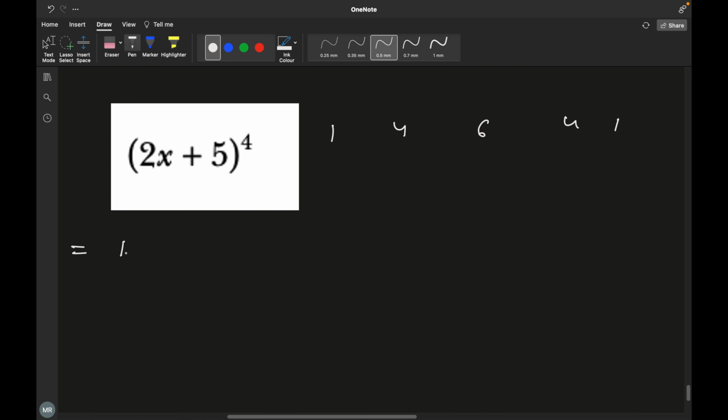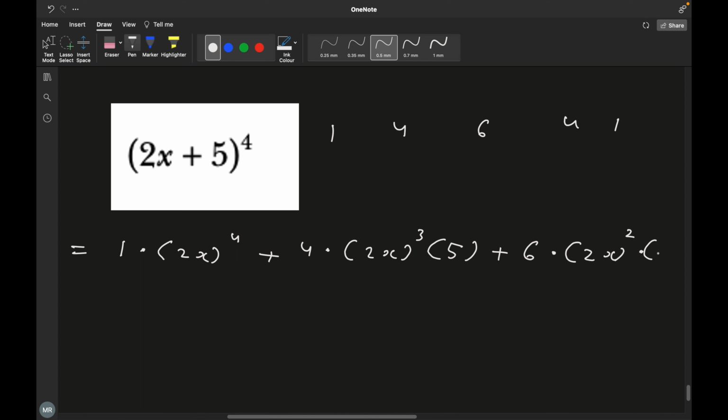This is going to be 1 multiplied by 2x to the power of 4 plus 4 multiplied by 2x to the power of 3 multiplied by 5 plus 6 into 2x to the power of 2 multiplied by 5 squared plus 4 multiplied by 2x into 5 to the power of 3 plus 1 multiplied by 5 to the power of 4. Let's plug these values into a calculator to find the answer.